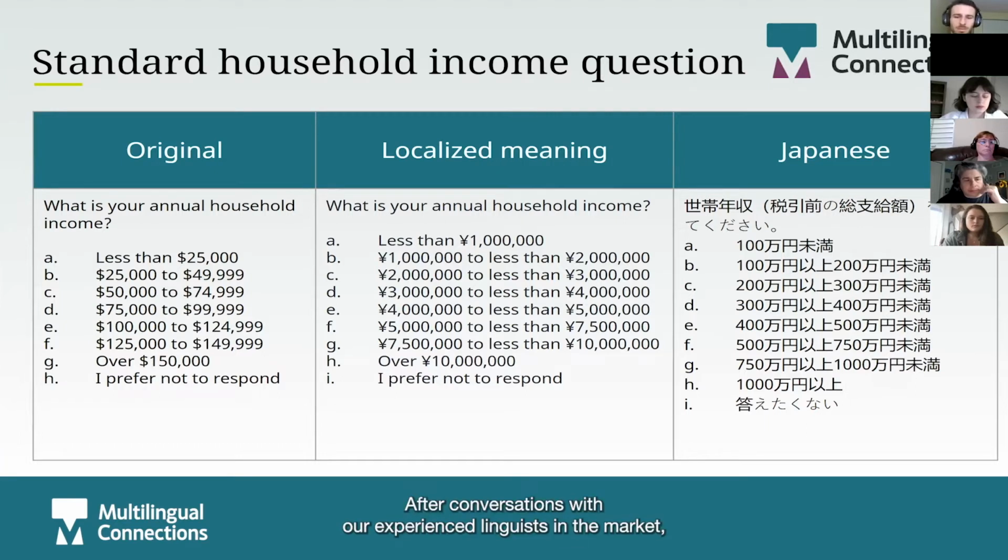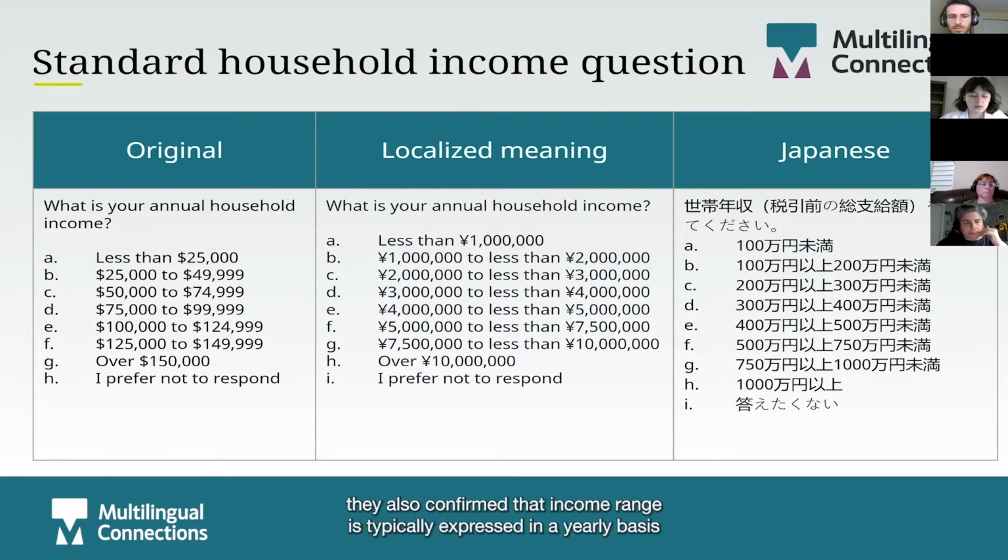After conversations with our experienced linguists in the market, they also confirmed that income range is typically expressed on a yearly basis, and that pre-tax income is typically used by default.